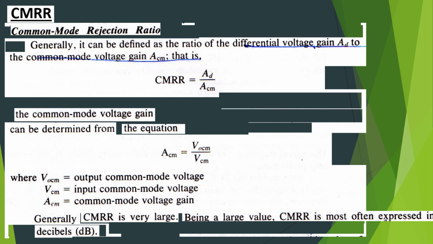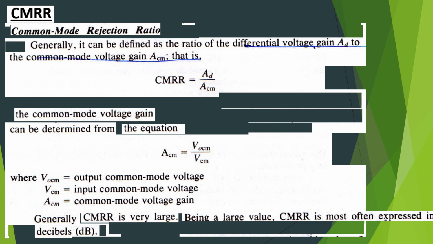Normally the noise signals or unwanted signals appear as identical signals at the two inputs of the operational amplifier or differential amplifiers. So this high CMRR is able to cancel or reject those identical noise signals appearing at the two input terminals of the operational amplifier.